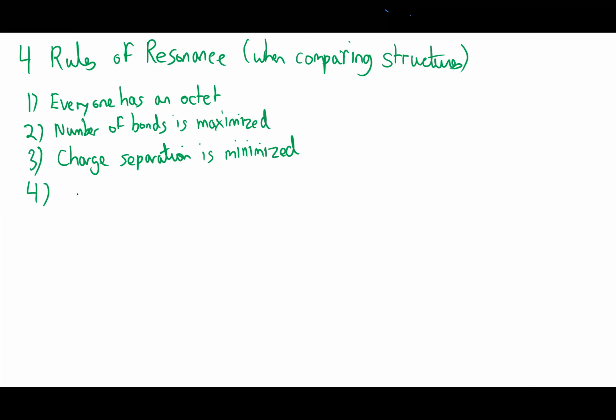And 4, positive charge on electropositive atom, negative charge on electronegative atom. So that's it really. I think that basically sums up almost all of charge stability.